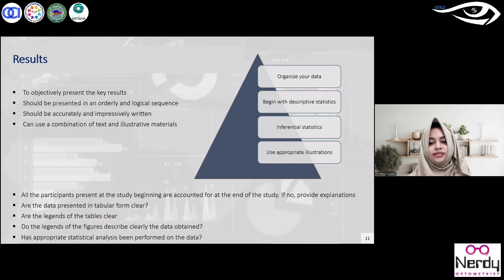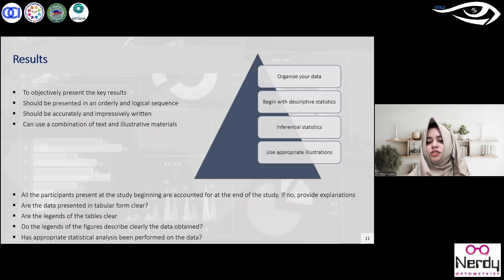We go to the result section, which will describe what we found. So here we should report all relevant results very concisely and objectively in a logical sequence. Here we should use a combination of text and illustrative materials like figures and tables to describe our findings.